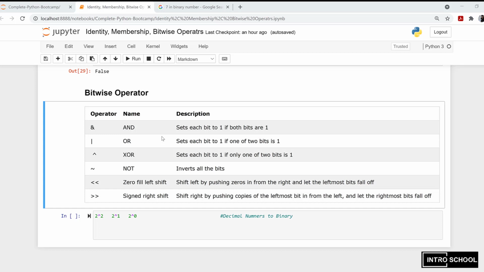There is the whole number system, and the digits we have, 0, 1, 2, 3, 4, 5, are considered decimal numbers. But do you know the computer doesn't understand these numbers? Computers only understand binary numbers, and binary numbers are only 0 and 1.